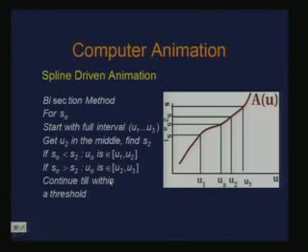If the difference between them is large, you do the bisection again, and keep doing that until you satisfy some threshold, right? So this is using the bisection method.